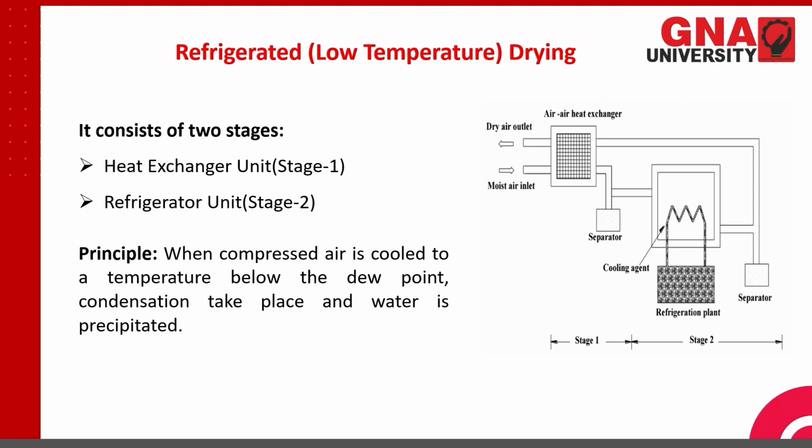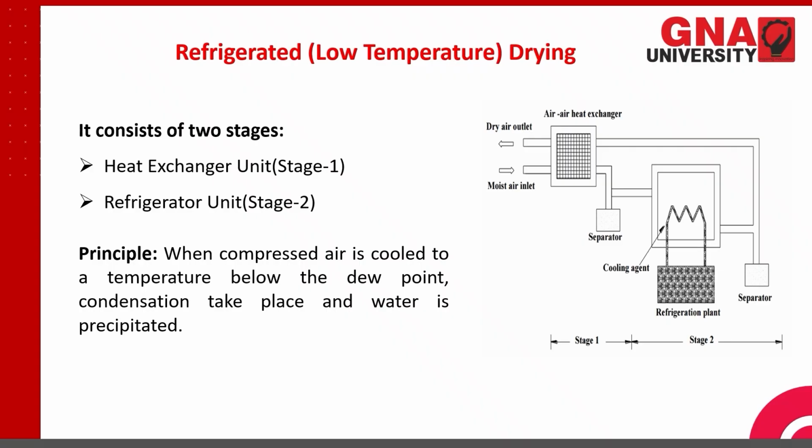We know that the air is coming from the receiver tank, stored there by the compressor, so the temperature of that air is high and the pressure is also high. When the moist compressed air at high temperature enters here, it exchanges its heat with the cool dry air that is coming out from here, from the dry air outlet.